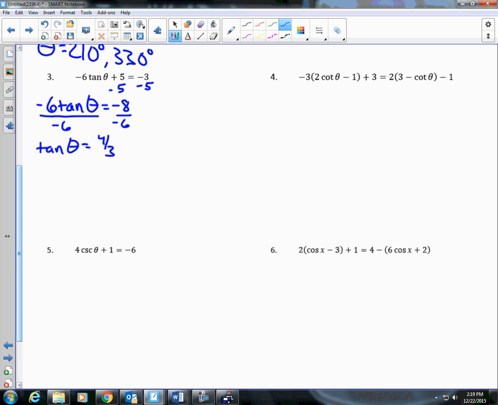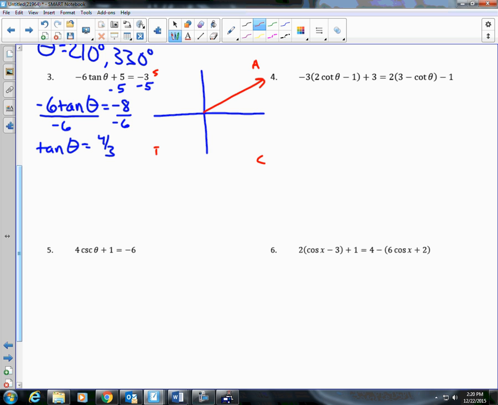Now I have to set up my quadrants. I have to decide where is tangent positive. Again, if you don't know how to do this, you have to remember the saying, all students take calculus. So therefore, they are all positive in the first, so I have a reference angle there.